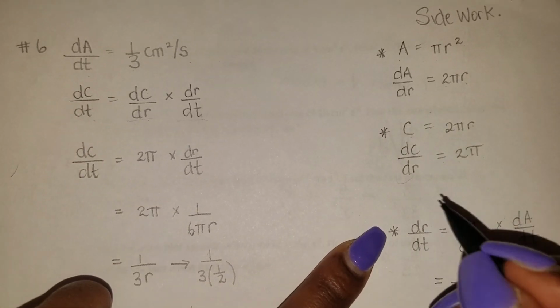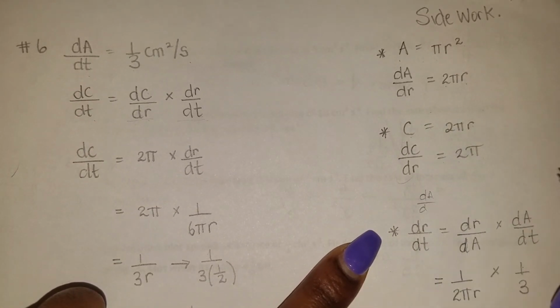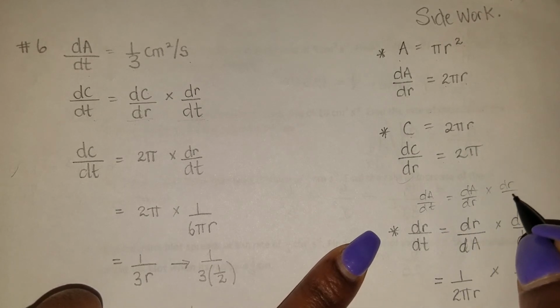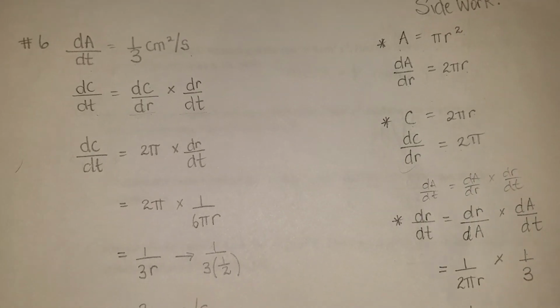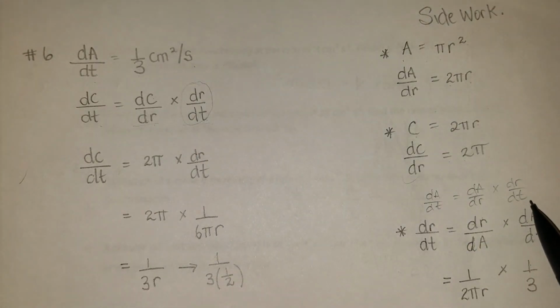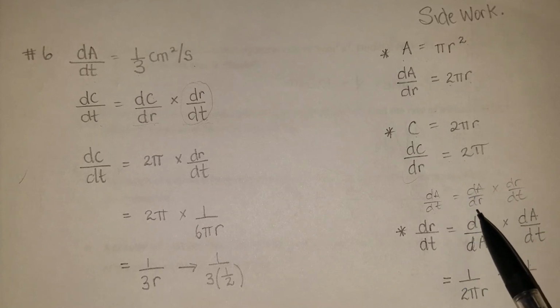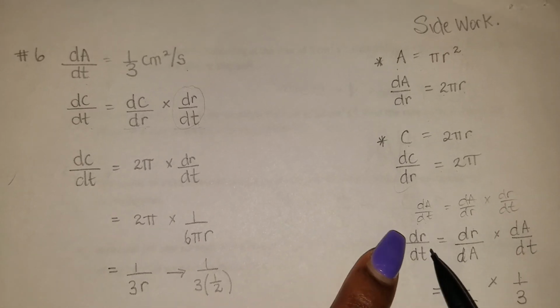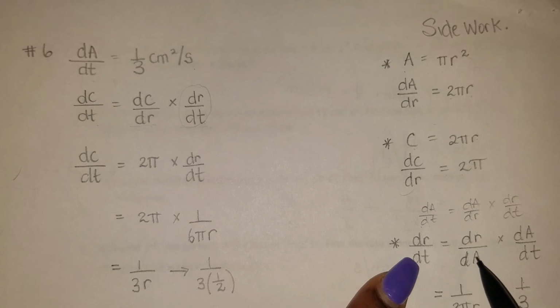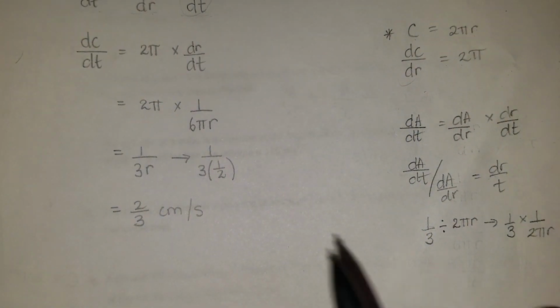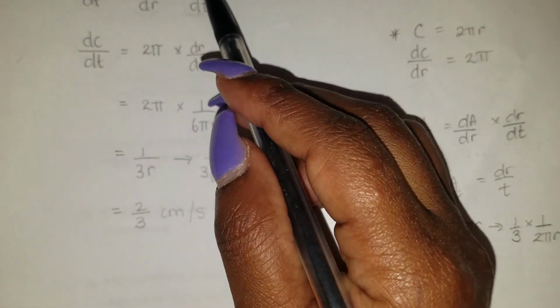Now, from the formula, let me write dA/dt is equal to dA/dr times dr/dt. We need to find dr/dt to plug here, and that will be dA/dt divided by dA/dr. Backing up, we need to find dC/dr and dr/dt.